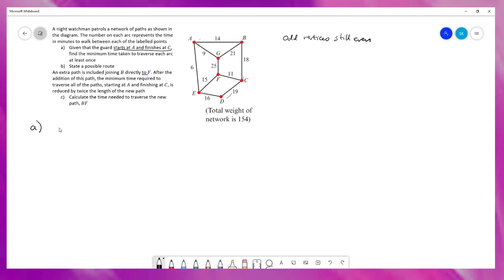So let's just make a start on part A. Like in the first year, you need to list the odd vertices.